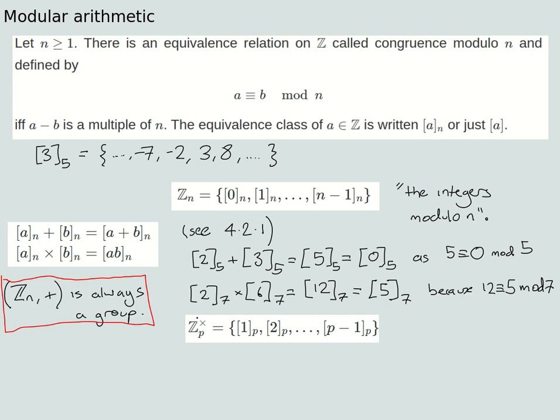Now, unfortunately, this only works when you have a prime number p. So when you're looking at congruence modulo a prime number p, here's the definition we make. We take Z_p cross to be the set of equivalence classes: class of 1, class of 2, class of 3, up to class of p minus 1, modulo p. So this definition is only when p is a prime.